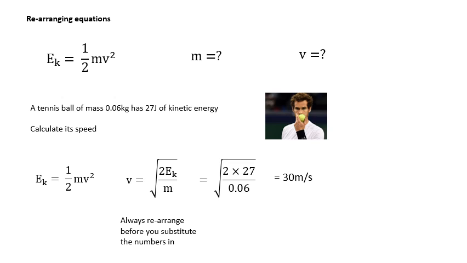Then bung in your numbers, substitute the data in there, then work it out, and you should get 30 meters per second. Always rearrange the equation before you substitute the numbers in. Don't be bunging in numbers and then trying to rearrange it. You'll get totally muddled up. Rearrange the equation, then bung the numbers in, then work it out.